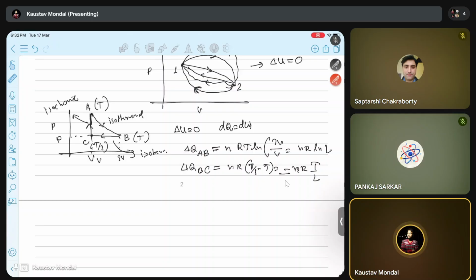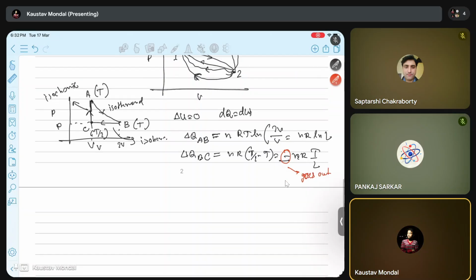This minus sign here indicates that the heat goes out. And during CA, from T by 2 to T, it is nCv (T minus T by 2), so nCv T by 2, okay.